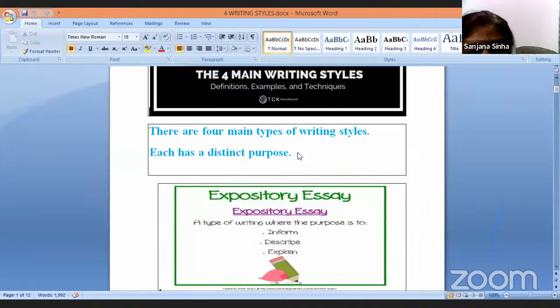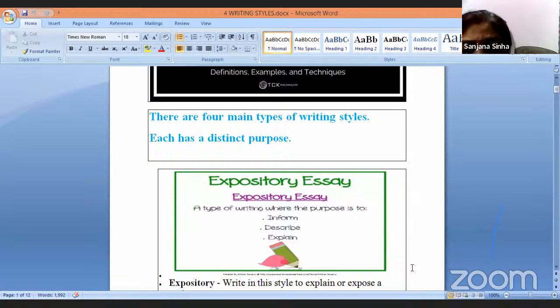Each has a unique technique, a distinct purpose, and different situations in which you need to choose from any of the four. A writer may include a combination of two or more writing styles. A writer may choose to include all four writing styles in an essay or in a story.